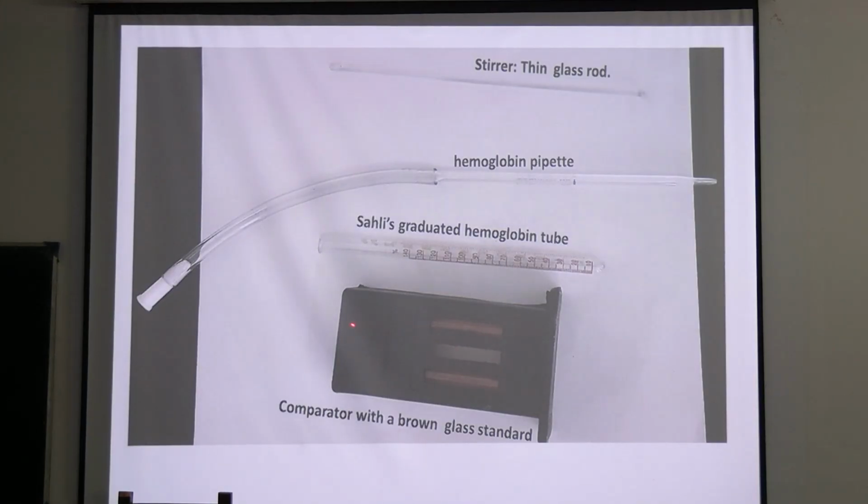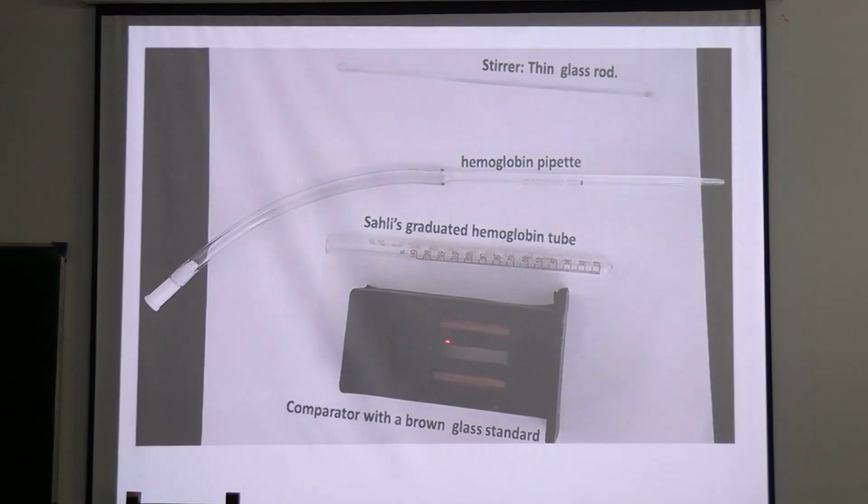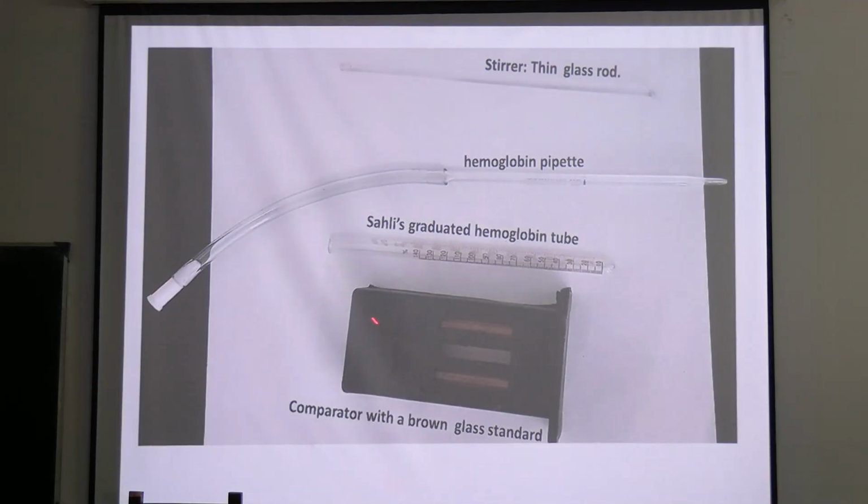You put this graduated tube in this and add distilled water gradually, and when this color matches with this, then you directly read from this graduated tube.